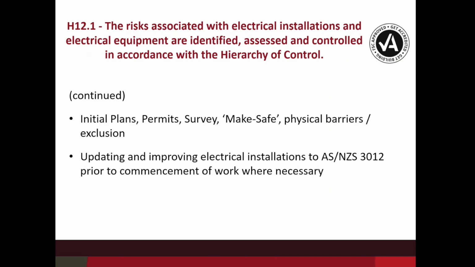H12.1 is our broad look at electrical to give us a bit of an understanding as to how the company has assessed the electrical risks on the project and then determine what those control measures need to be. That includes where we get to a point of electrical installations that aren't necessarily conforming when we go in. Usually we see two situations. One is we'll install temporary power for a construction site, which is installed in accordance with 3012.